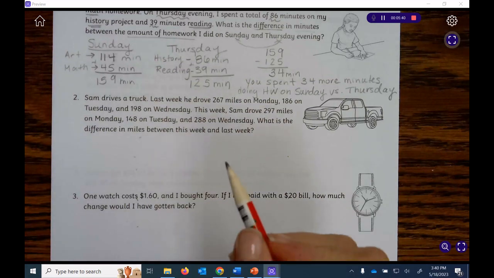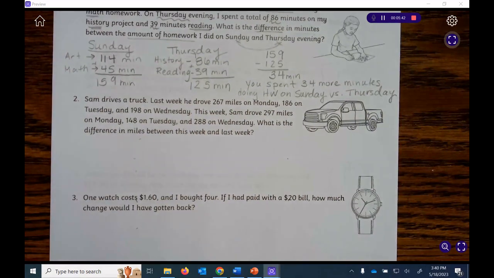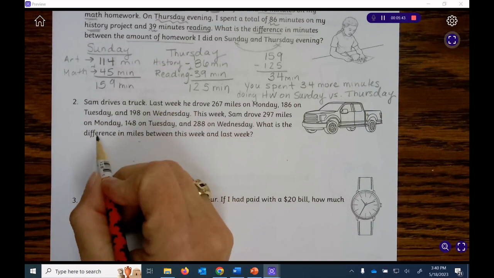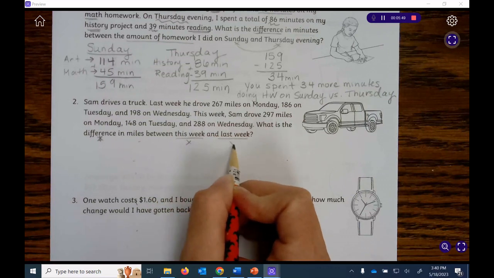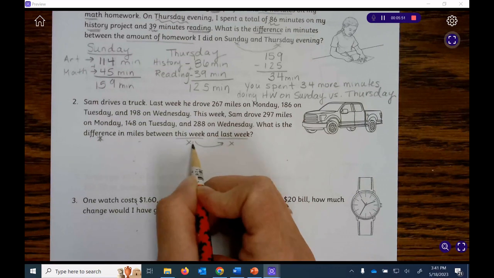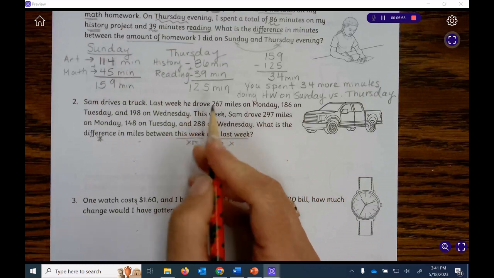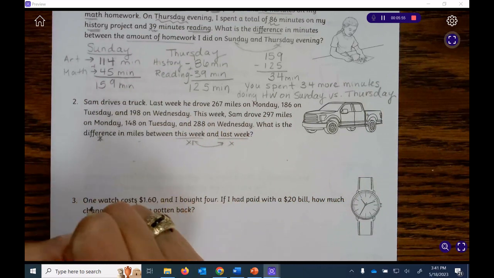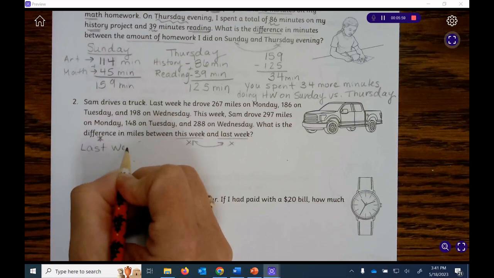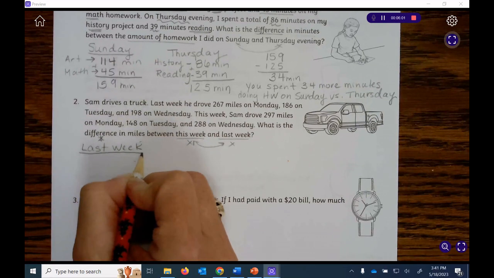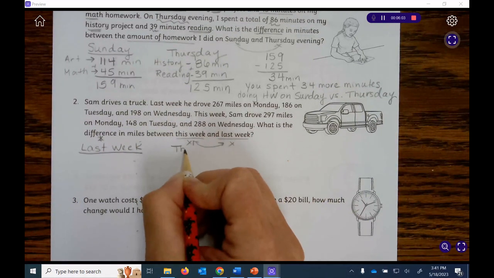All right, so we are being asked to find the difference between this week and last week. So we're going to find the difference between the 2 weeks. Okay, so we're going to do last week and this week.